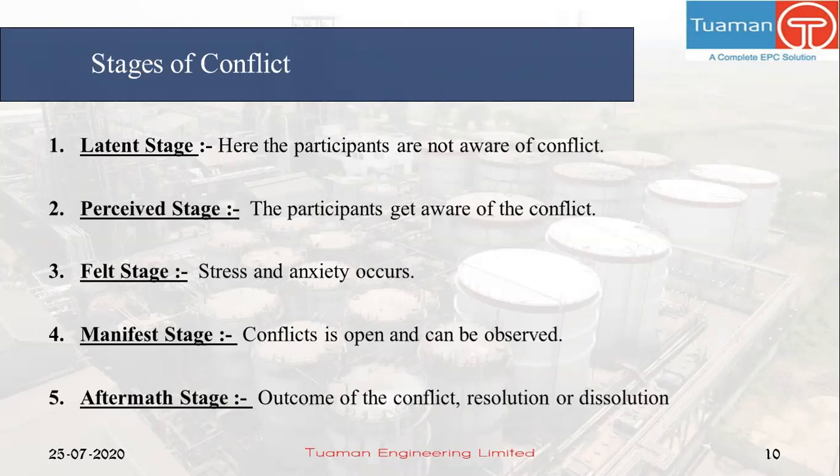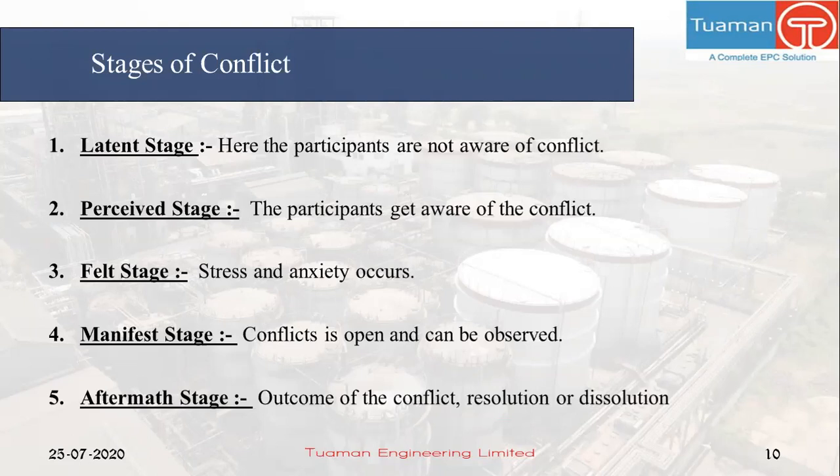So it is noticed by everyone. And the last stage is the aftermath stage. Here the conflict has a result or a particular outcome, whether it is resolved or not resolved, but it has to be a particular outcome.